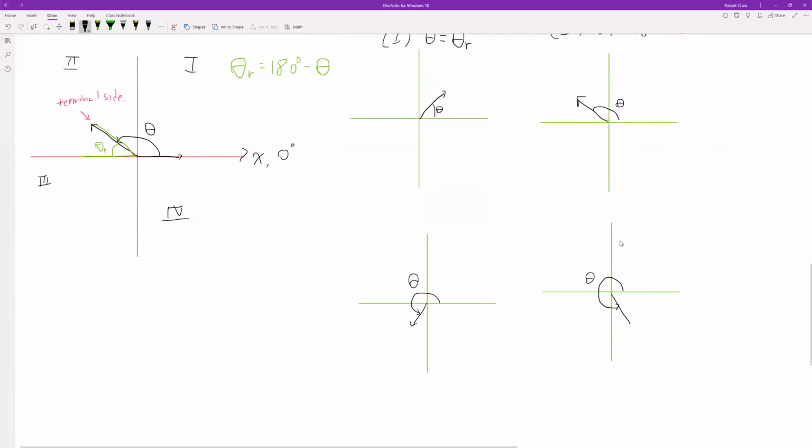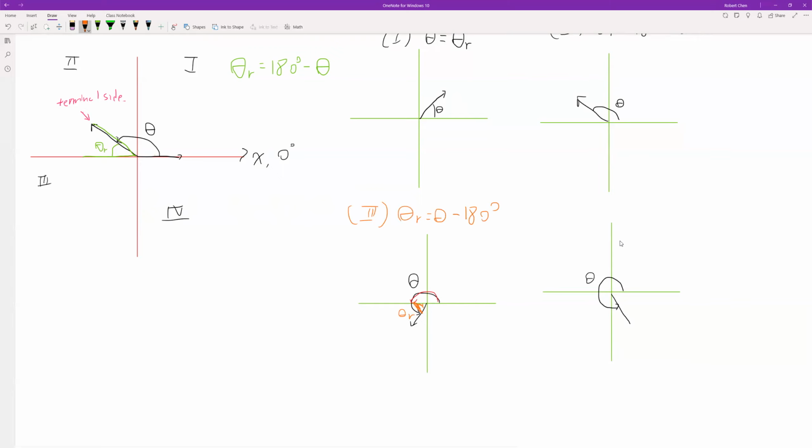Okay. Now in quadrant 3, we still can just consider this part, 180, because all we want is this part right here. This part is going to be our reference angle. So for quadrant 3, its reference angle is going to be theta subtracting 180 degrees to get you the orange part of the angle.